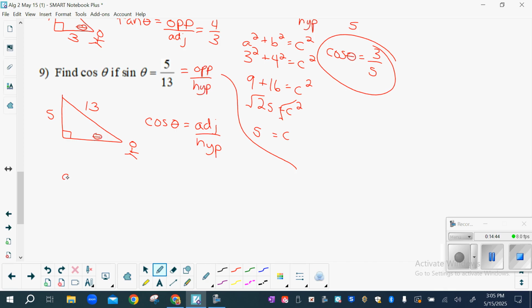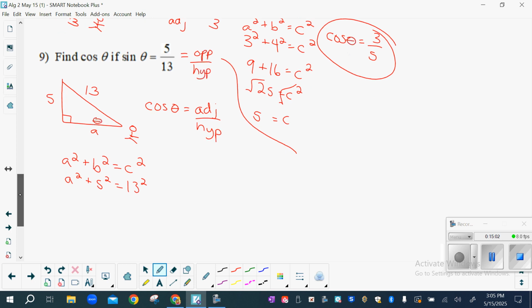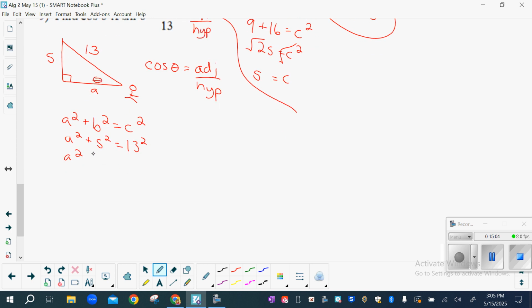So we're going to have to use the Pythagorean theorem. a squared plus b squared is c squared. Let's make a our adjacent side. So a squared plus 5 squared is 13 squared. Our hypotenuse is always the c. Then simplify. a squared plus 25 is 169.